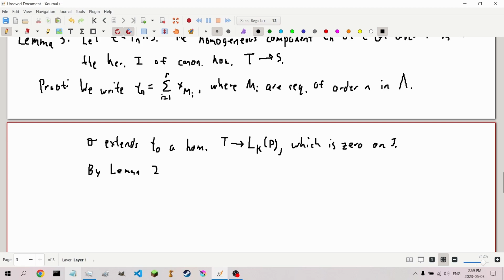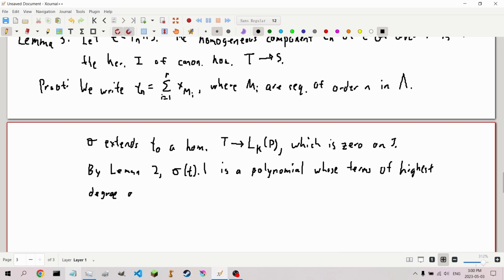For lemma 2, the image of T as a whole under sigma, acting on 1, is a polynomial whose terms of highest degree are these z, mi, indexing I as before.